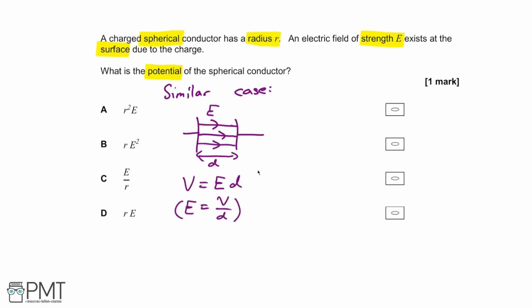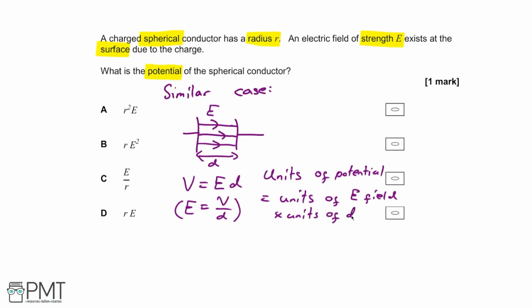So what this means then is that we know the units of the potential, which are the same every time, are the units of the electric field times the units of distance.